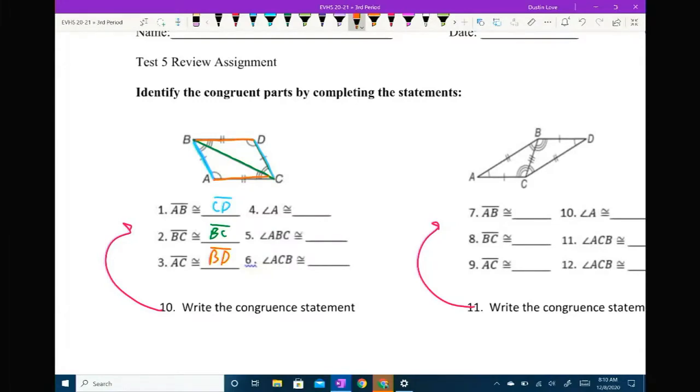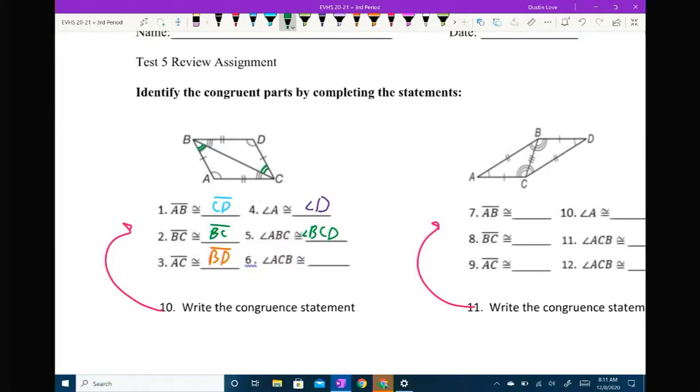Now for angle A, I can see that angle A is my 1 arc angle, which is going to match over here with angle D. Angle ABC, I'm going to erase all my markings up here. Angle ABC is this 2 mark angle, which matches with my 2 mark angle here, which is angle BCD.